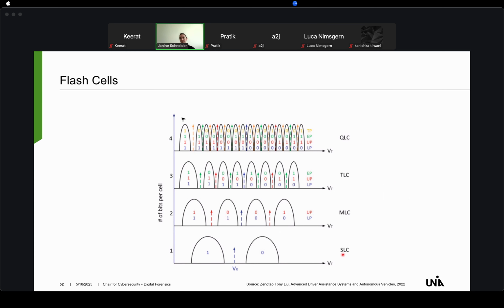So a single level cell is what we just talked about. You have a 0 and a 1, which can be created and read out through certain voltages. And for multi-level cells and so on, you have more threshold voltages, which can be interpreted as more states. And this way up to penta-level cells encoding 5 bits are currently possible.